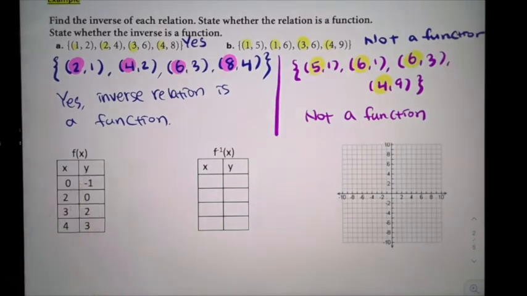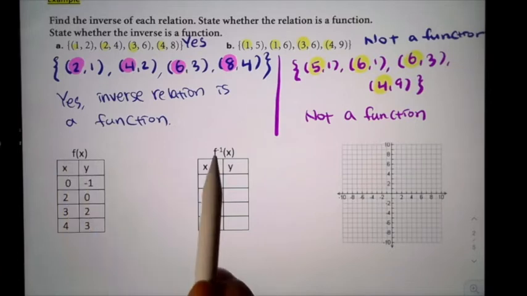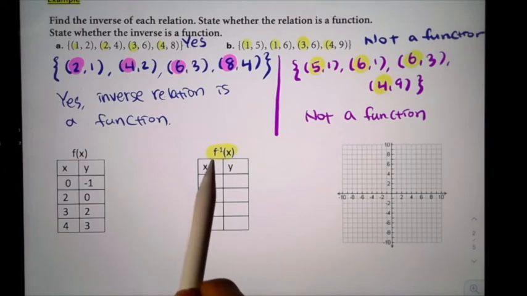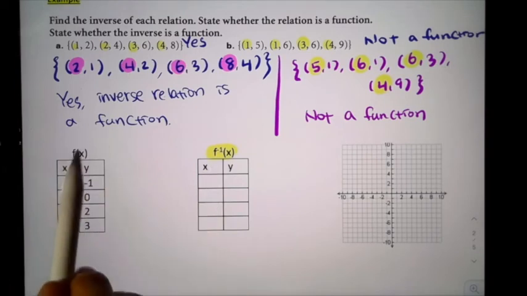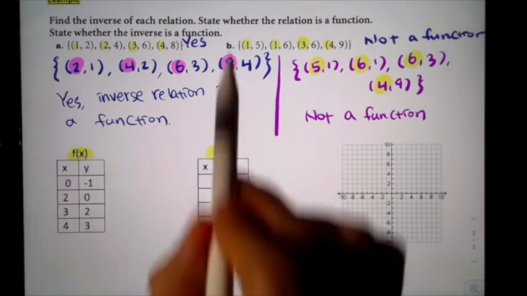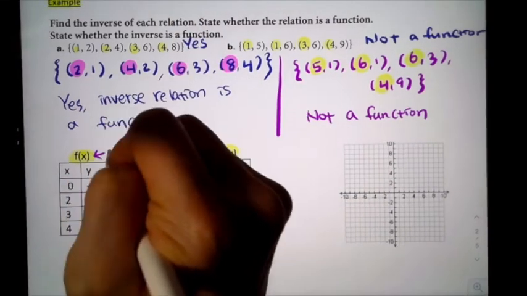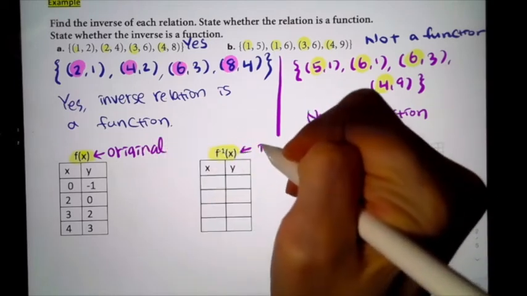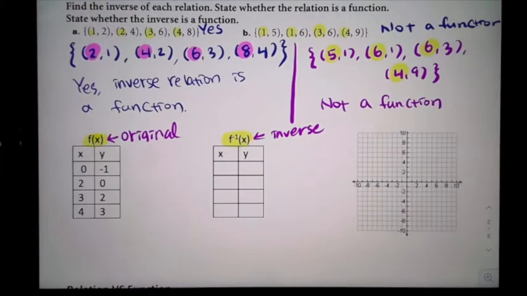And then look at this. We also have a different way to represent a function: you could have a graph or a table like this, and then you want to find the inverse. So guys, this is the inverse notation here. We use the -1 power, like that. So that's the original function, and that's the inverse.